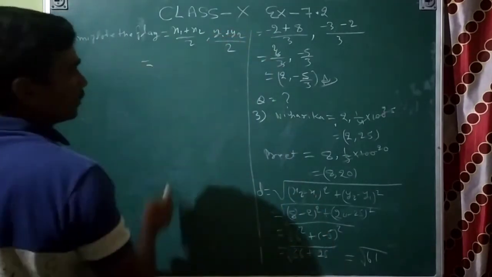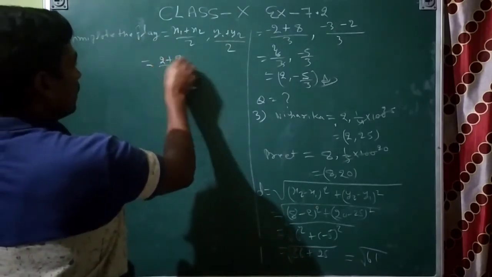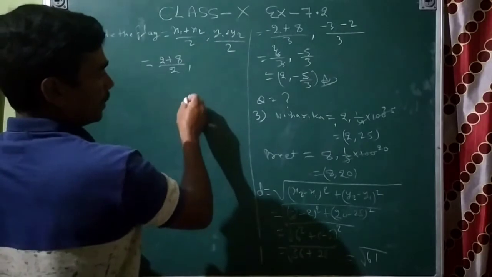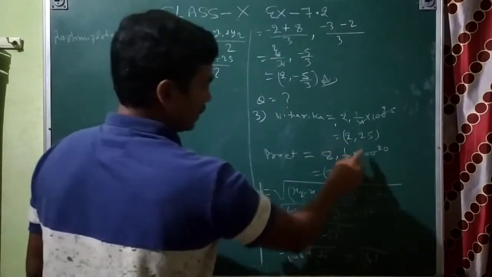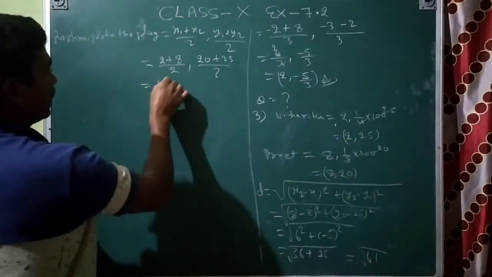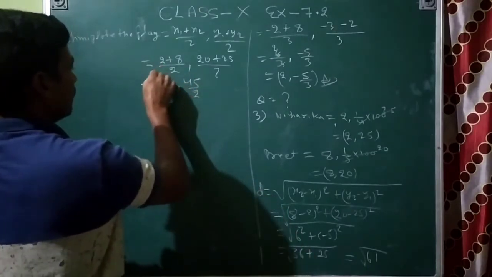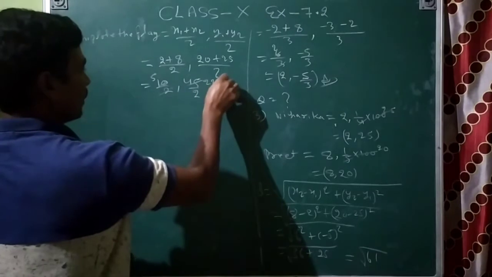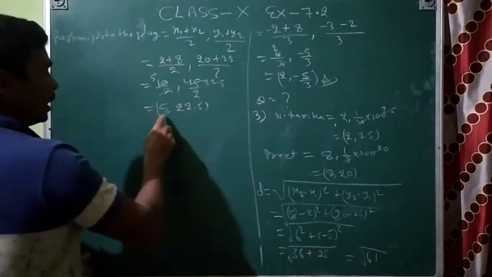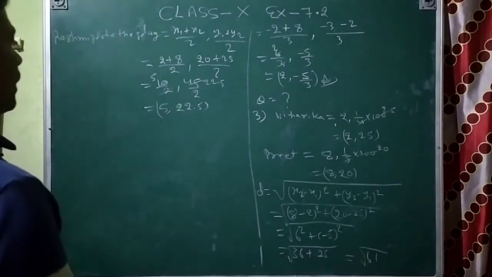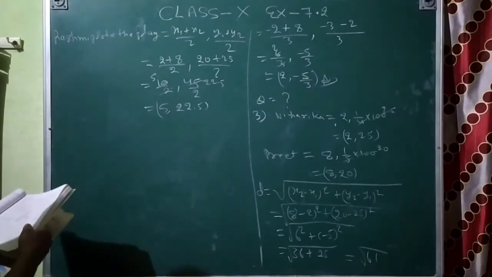That is (2 plus 8) upon 2, and (20 plus 25) upon 2, so 10 upon 2 and 45 upon 2. After cancelling, that is 5 and 22.5. It means in the fifth line she will post the flag at 22.5. And then question number 4.